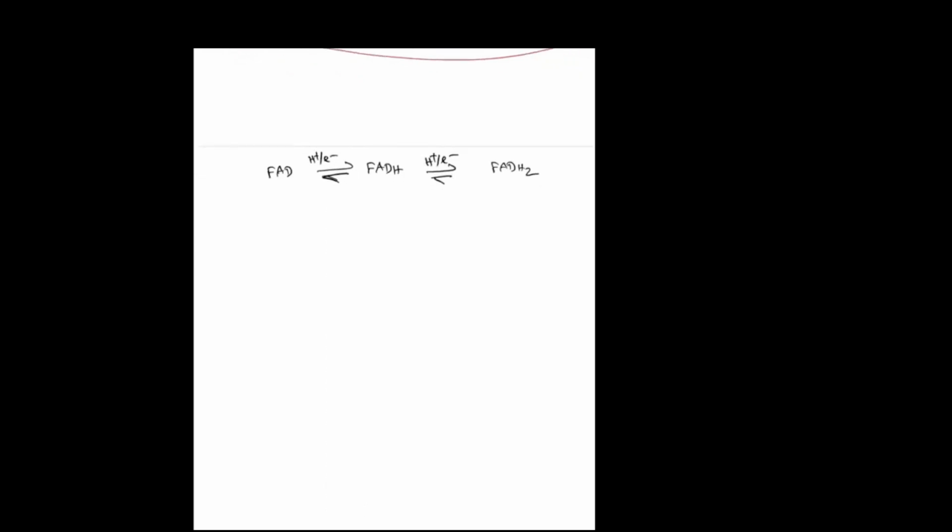From FAD you can go to FADH and then add another H to go to FADH2. So unlike the NAD plus NADH couple, which is always 2 electron as a hydride, FAD could be either 1 or 2, but it doesn't work as a hydride.